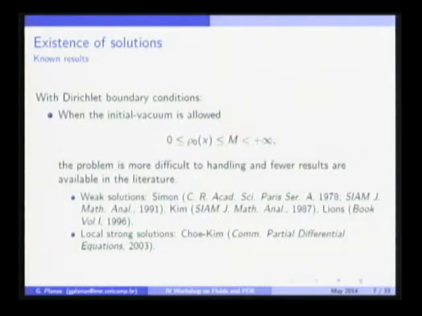Also talking about Dirichlet boundary conditions, we turn to the case where the initial density could be 0. Then there are fewer results because the problem is more difficult to handle. There are some results on existence of solutions, some work of Simon, Kim, or the books of Lions.